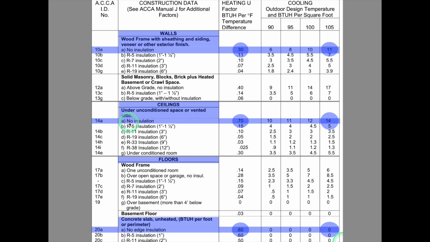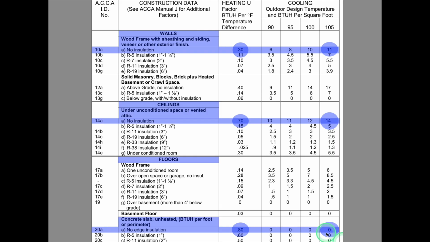And for the ceilings with no insulation above the ceiling, we're going to be adding or gaining 14 BTUs per square foot. And for floors, we pick the concrete slab, unheated. So this one, BTUs per foot or perimeter. And if you notice this one, we're not gaining any BTUs on the floors because the floors stay relatively cool.